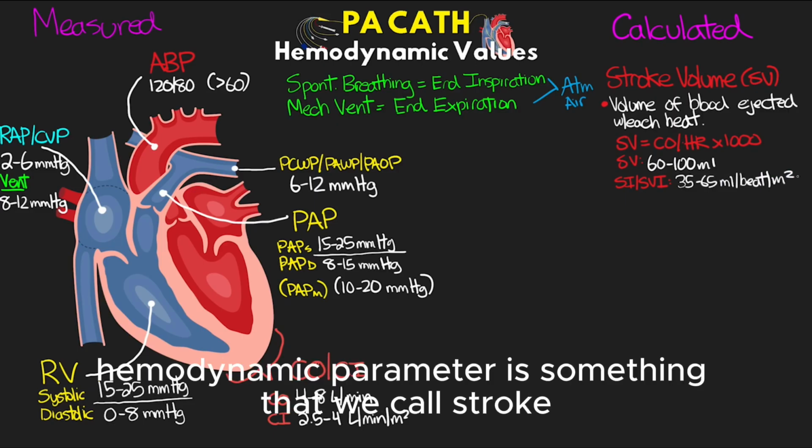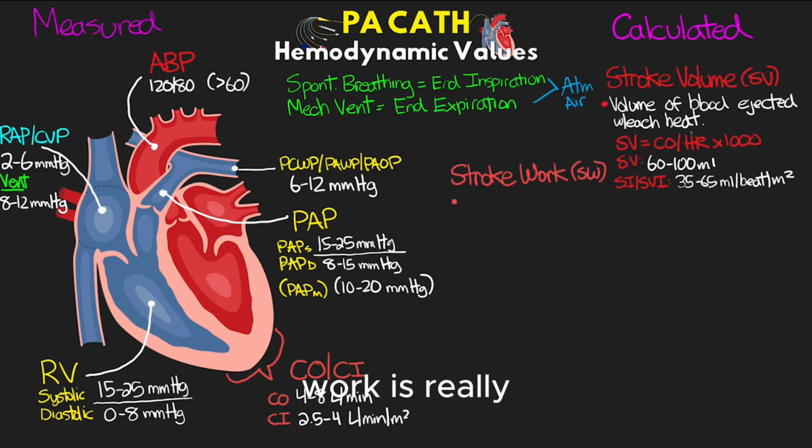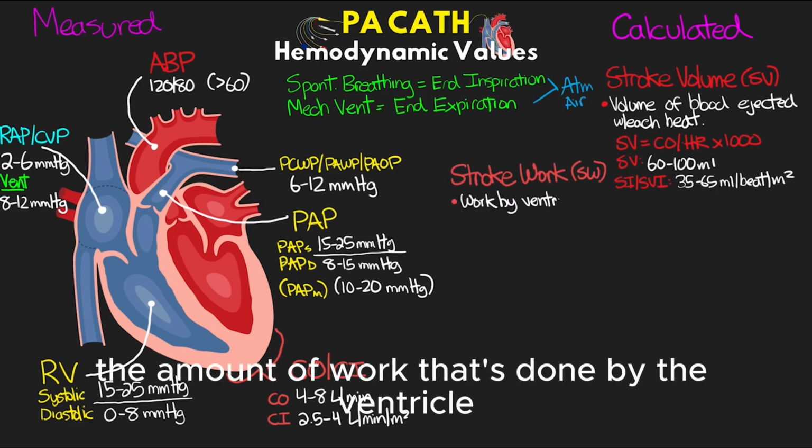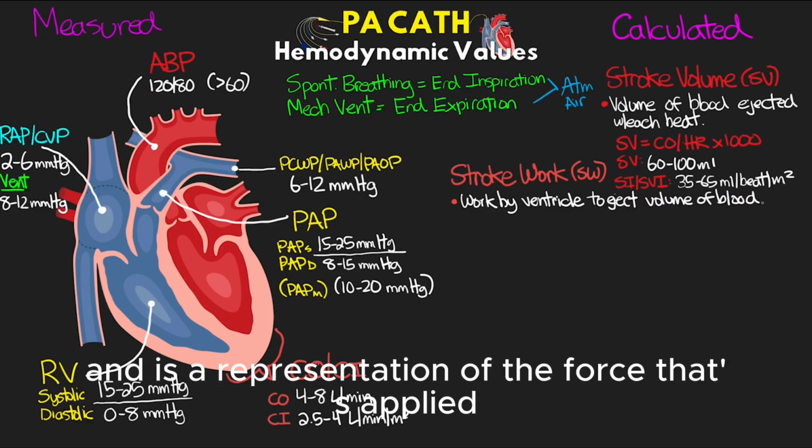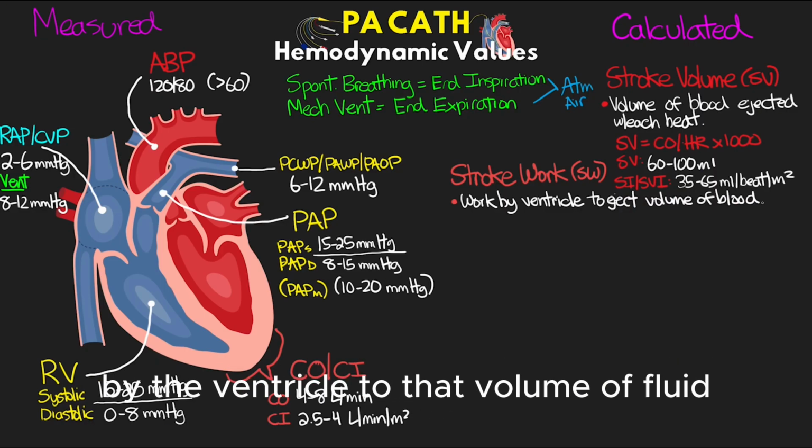All right, the next hemodynamic parameter is something that we call stroke work. And stroke work is really the amount of work that's done by the ventricle to eject a volume of blood and is a representation of the force that's applied by the ventricle to that volume of fluid.